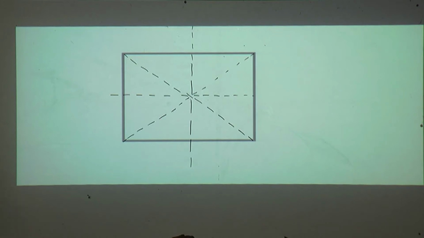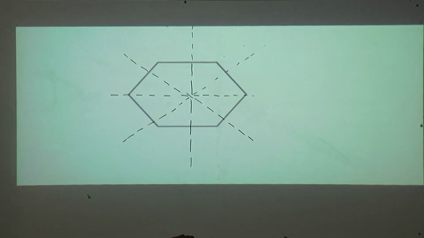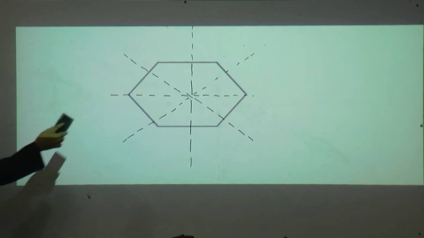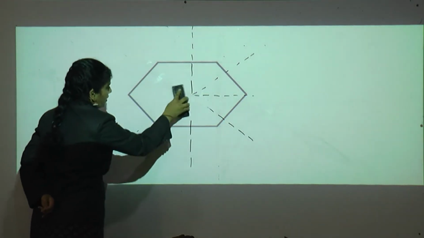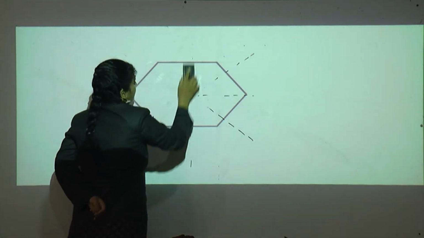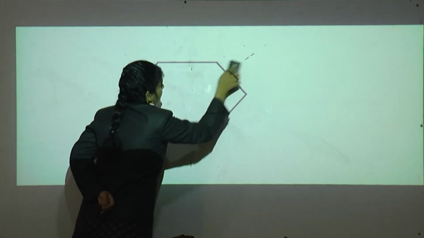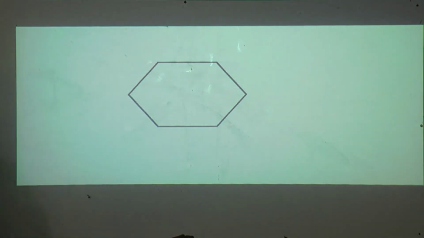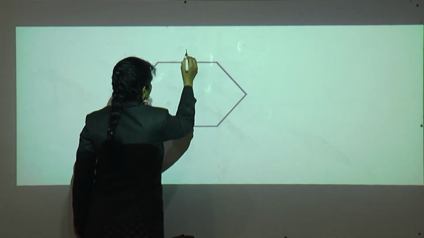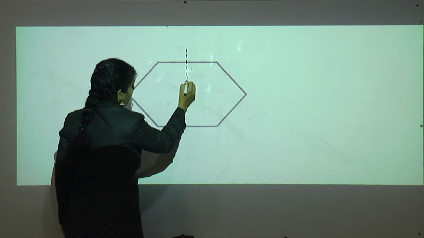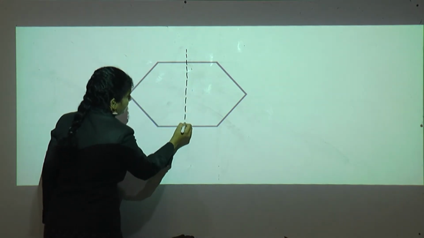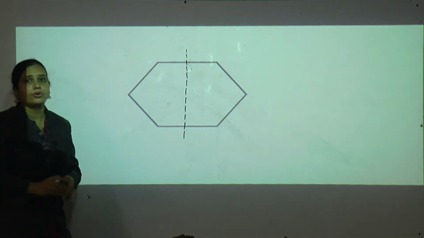Now tell me students, does any figure have more than four axes of symmetry? Yes? Can you tell me? Yes. So here the hexagon has more than four axes of symmetry. How? I will explain. See. Here, if I draw the vertical line, the line divides this figure into two equal parts.